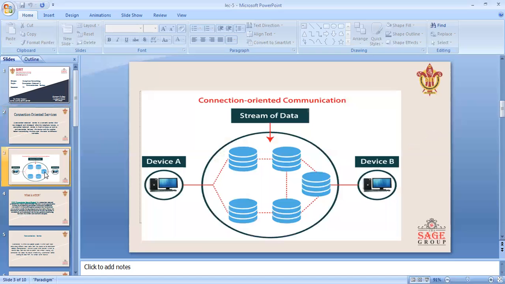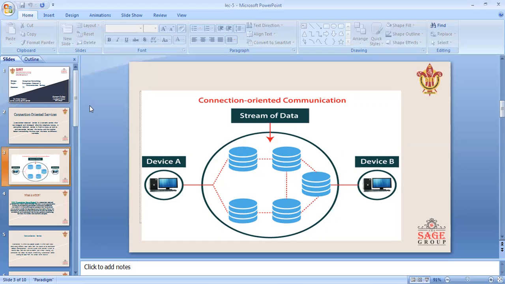Now, this is a diagram for connection-oriented services, in which you can see device A connected to device B, and between them there are a lot of packets of data.